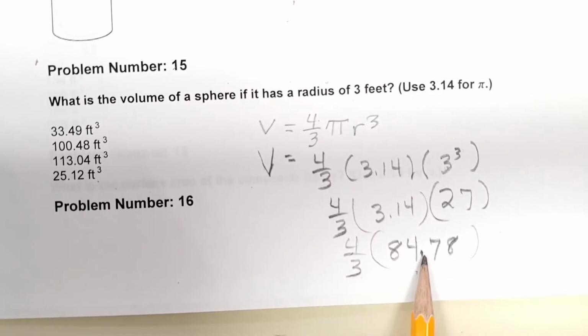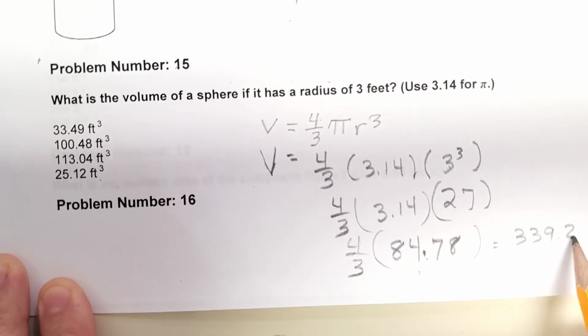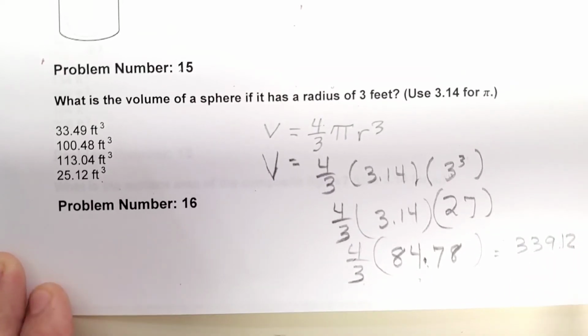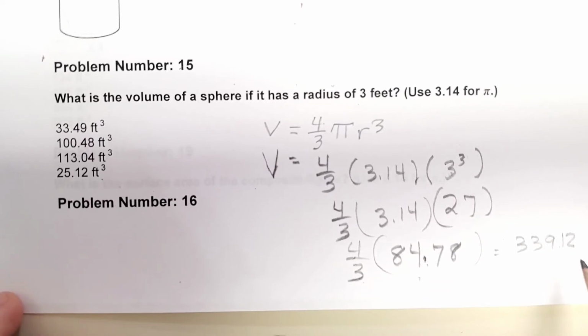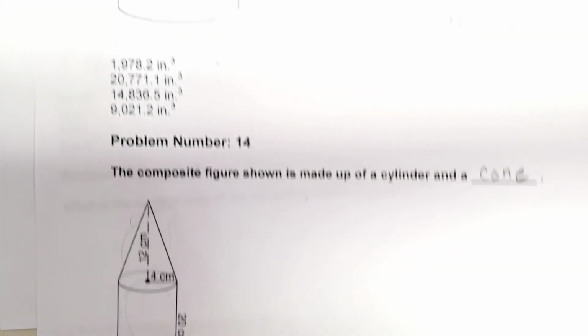So take 84.78, multiply it by 4, you get 339.12. Then we're going to have to divide it by the 3. Okay, and I'll let you finish that one.